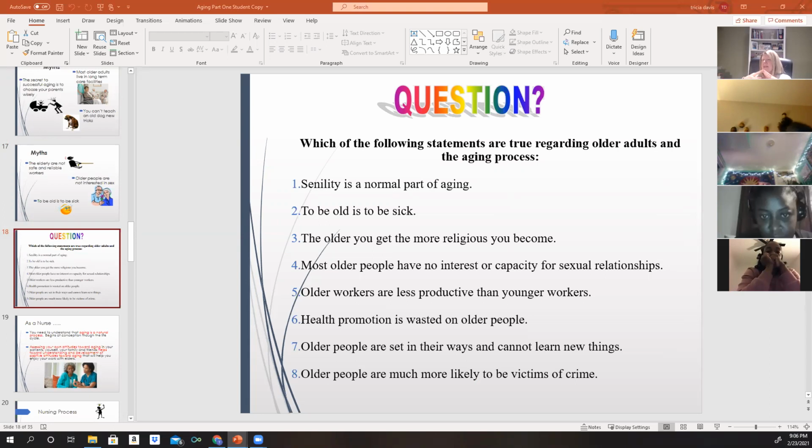False. The older you get, the more religious you become. False. Most older people have no interest or capacity for sexual relationships. False. Do you know where the highest percentage of sexually transmitted diseases is found?